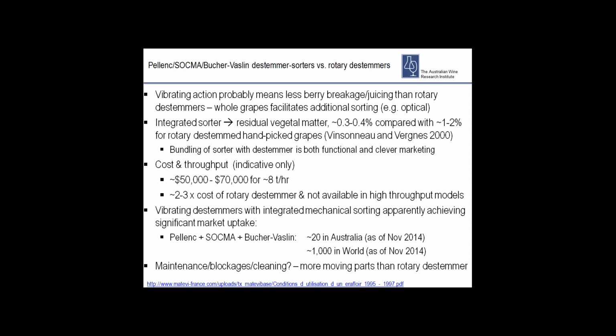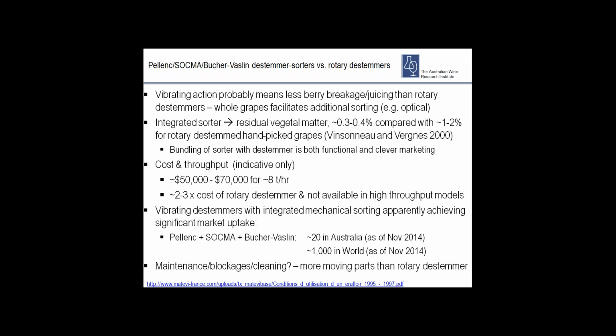The selling of the sorter bundled with the destemmer by manufacturers is an interesting trend. The reason for the bundling is probably partly functional and it's also clever marketing. I guess it's functional in that some of the devices might struggle to separate the bulk detached stems if they didn't have the integrated sorter.